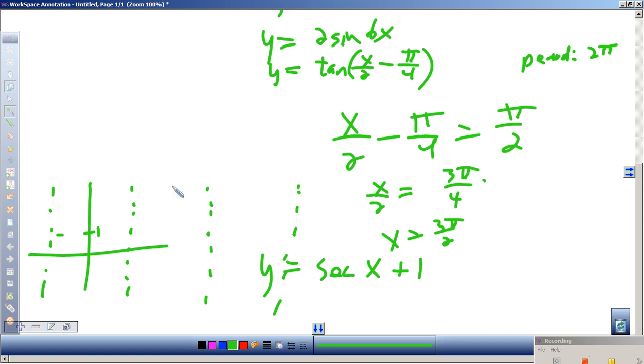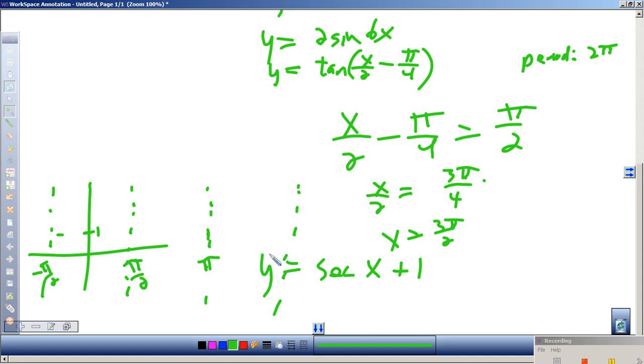So what's the period? Here's 2 pi over b. So what is b? 1. So 2 pi. This was negative pi half here and this is pi half. How far are they apart? Pi. And so this would be 3 pi over 2. Or no, this would be pi, right?